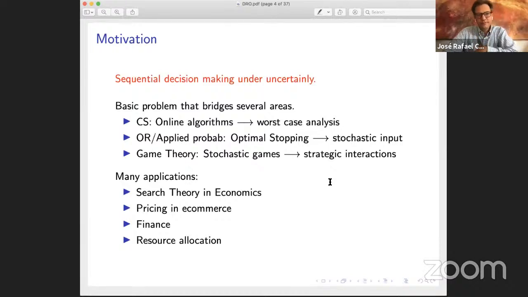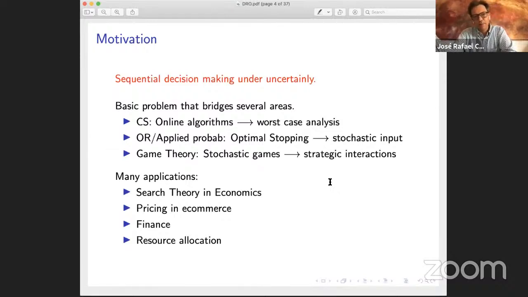So the work lies within the framework of sequential decision making under uncertainty, which is a very classic problem from several fields. In computer science, people have been looking at online algorithms, in which the input is revealed online, for many years, and there the main paradigm is to study the worst case analysis, like what if an adversary is setting up the input.